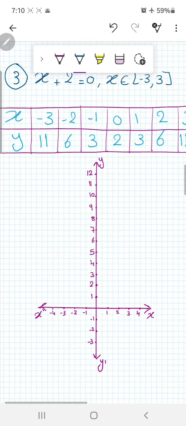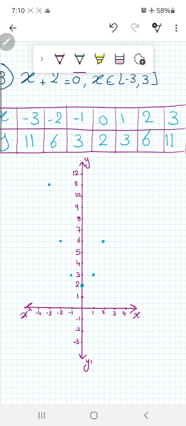Okay, represent it on the diagram. -3 and 11, it will be here. -2 and 6. -1 and 3. 0 and 2. 1 and 3. 2 and 6.